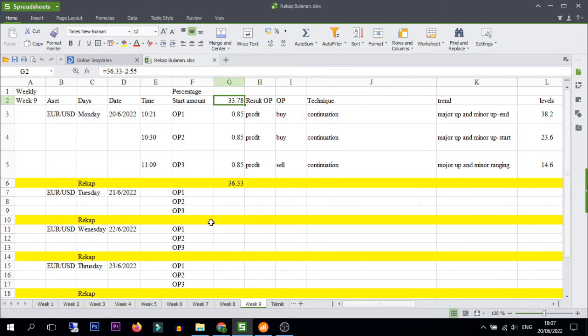So this is a good lesson, guys. This is a good lesson for me, and from now on I will do the consistency trade again, because from the first month, until the 4 weeks, it's kind of a consistency.